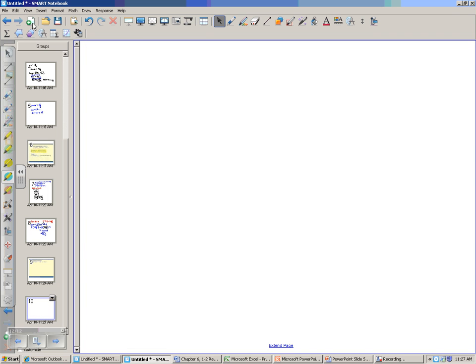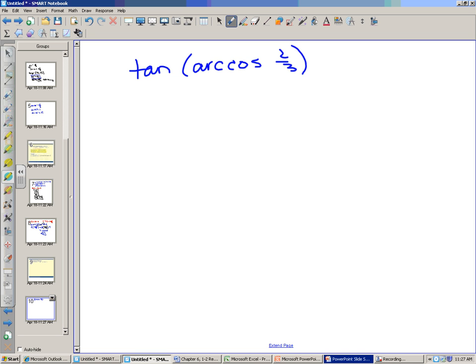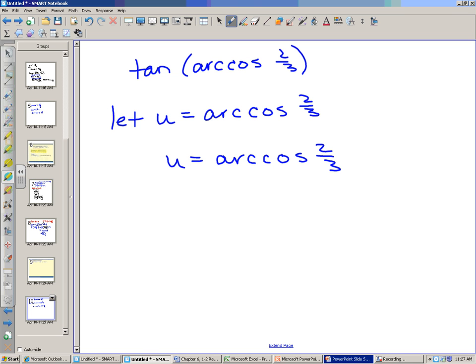The only way that's going to work is if you do a little swapping of things. We are going to let u equal the arc cosine of 2/3, which means that I have this equation. Agree?